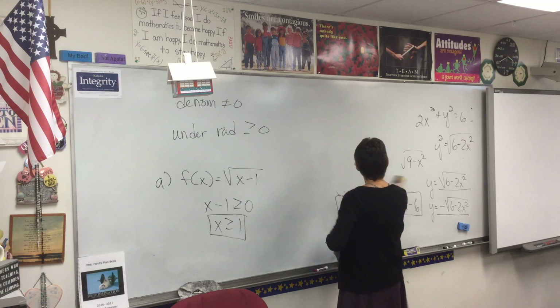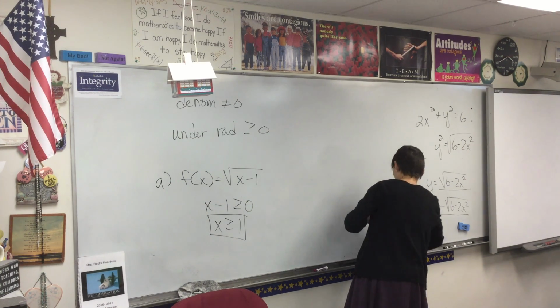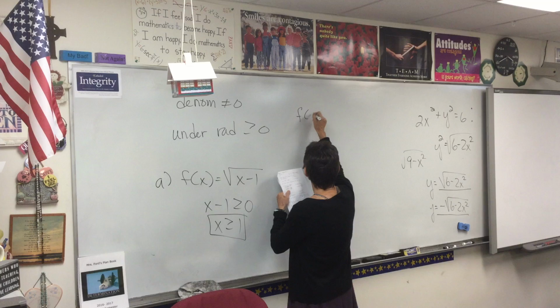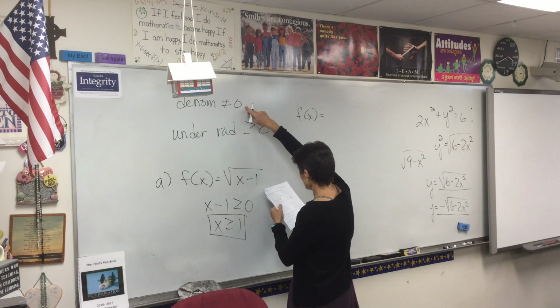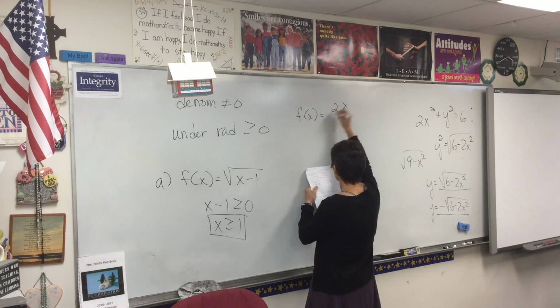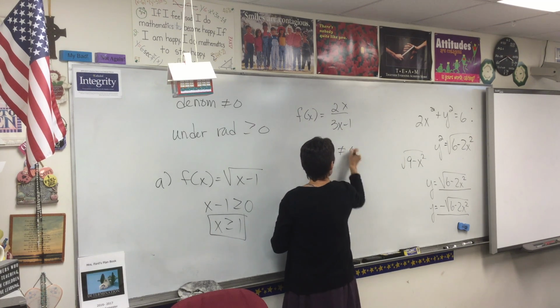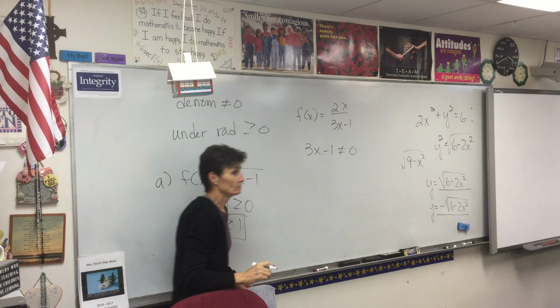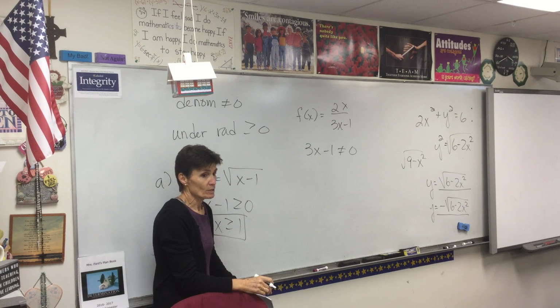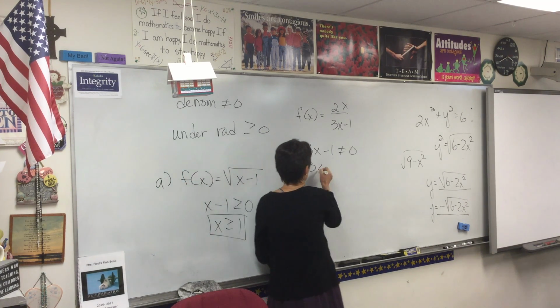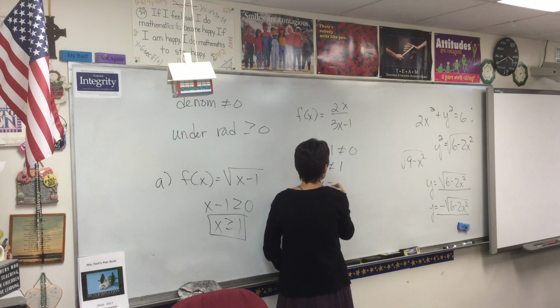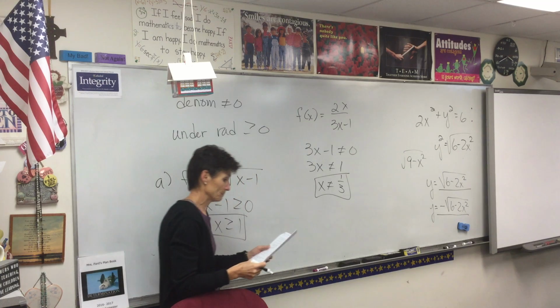The next one has a fraction. So what do we know about fractions? The denominator cannot be 0. So we just solve it. So x can't be 1/3, and that's your answer.